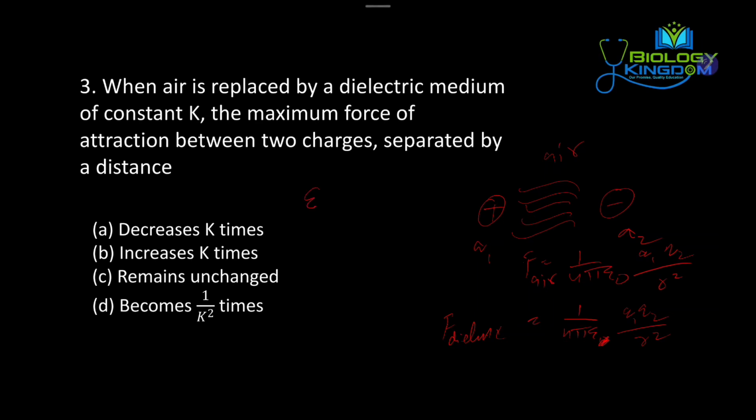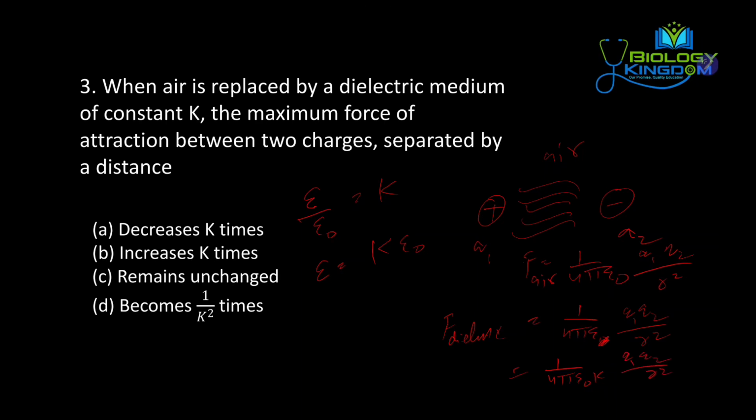We know the ratio of epsilon and epsilon naught is equal to the dielectric constant. So epsilon will be K into epsilon naught, and putting this in the dielectric equation, it becomes 1 by 4 pi epsilon naught into K Q1 Q2 upon R square.